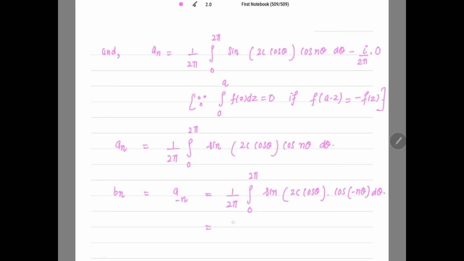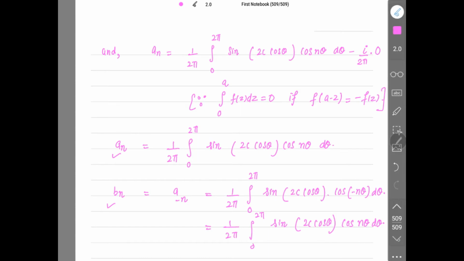So this is equal to 1 over 2 pi integral 0 to 2 pi of sin of 2c cos theta, and this will be cos of n theta d theta. Hence we got both the values for the coefficients a_n and b_n to be the same.